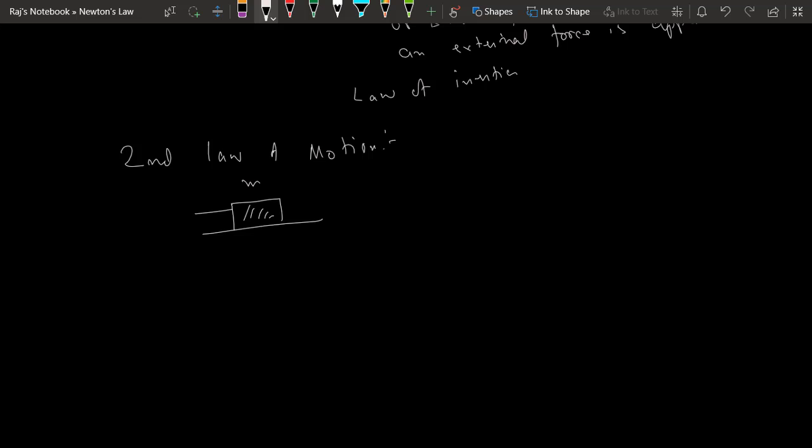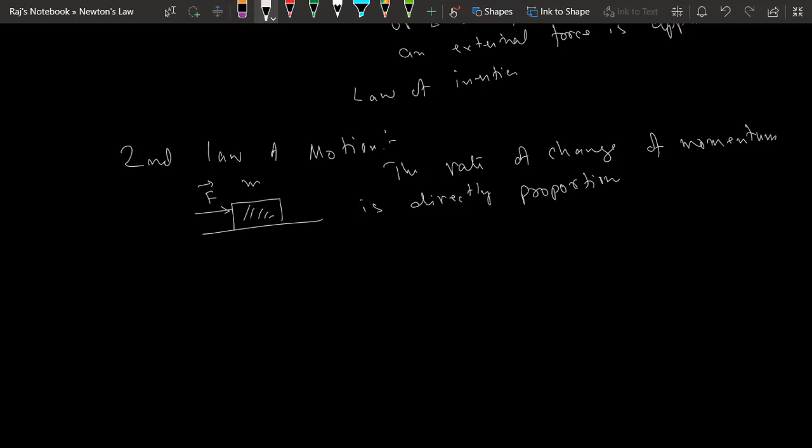When a force is acting on the body, then according to Newton's second law, the rate of change of momentum is directly proportional to the applied force. So force is directly proportional to the rate of change of momentum.